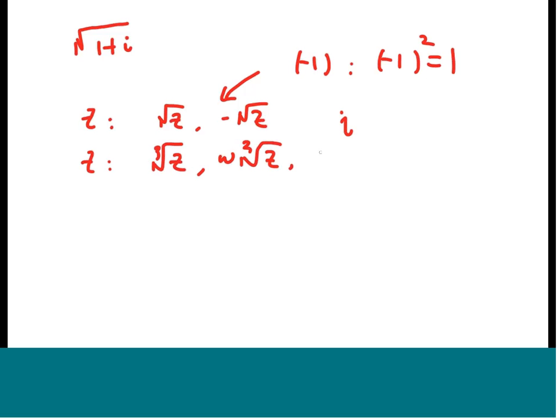Then you have omega squared z. That's it. So when going to the fourth, you have z, then whatever that thing. For example, we can give you an example.